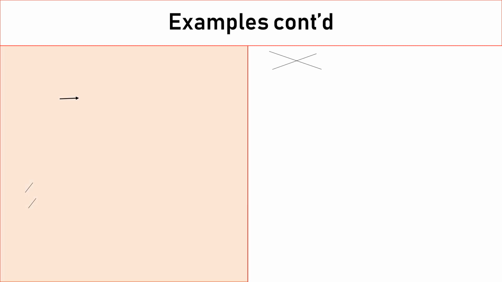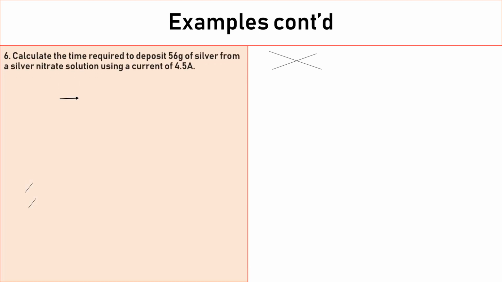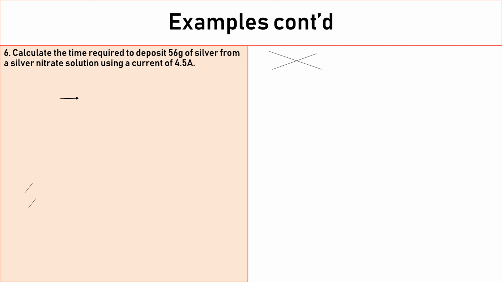Let's consider another example. Look at this question. We are to calculate the time required to deposit 56 grams of silver from a silver nitrate solution using a current of 4.5 ampere. How do we solve that? Write the chemical equation first. Silver ion, which is a univalent, or monovalent, metal, gains 1 electron to form metallic silver.